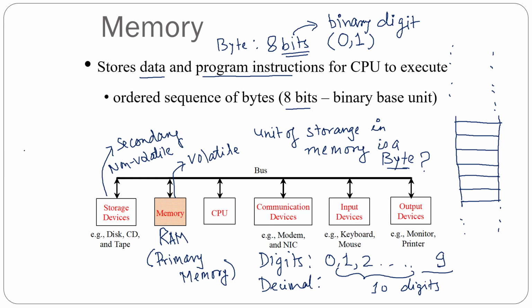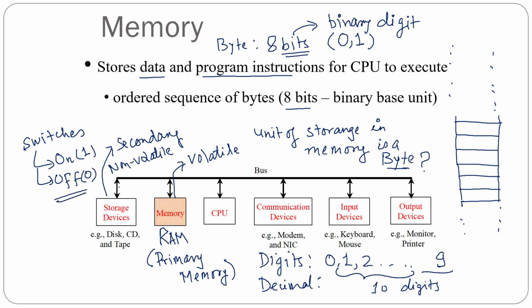So a computer is basically made of switches, and these switches can remain in two states: on or off. This on and off is represented with these digits: 1 means on and 0 means off.